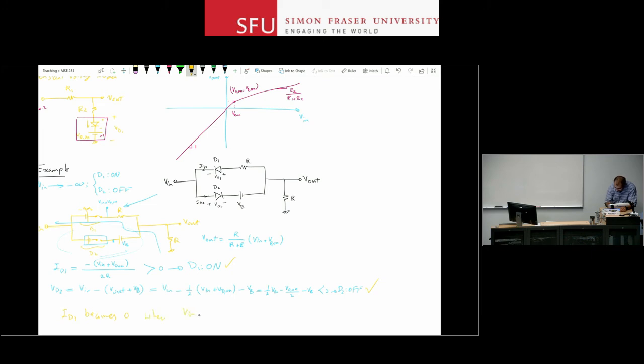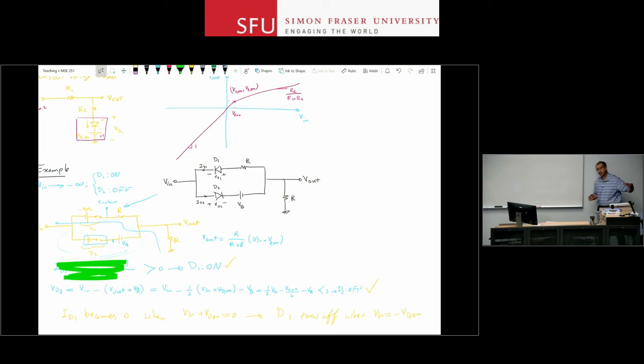When V in plus VD on, from this equation here, becomes 0. So when ID1 becomes 0, the first diode turns off, so D1 turns off when V in is equal to minus VD on.